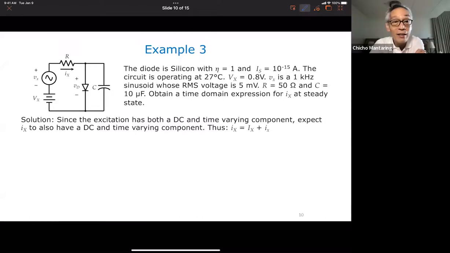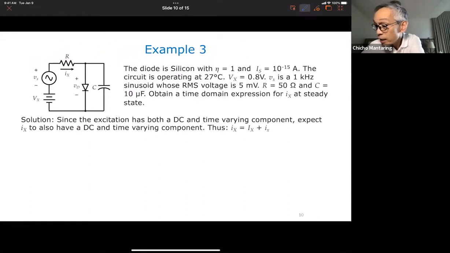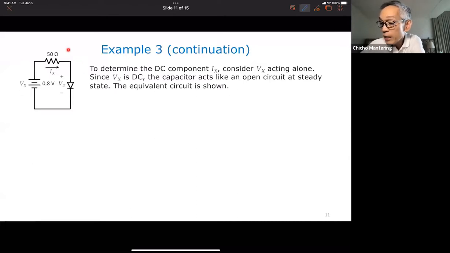An open circuit. Okay. So if I'm considering this acting alone, this is a short, this is an open, ito na lang yung matitira. That is what will be left. Okay, I'll just have my DC source, my 50 ohm resistor, and my diode.